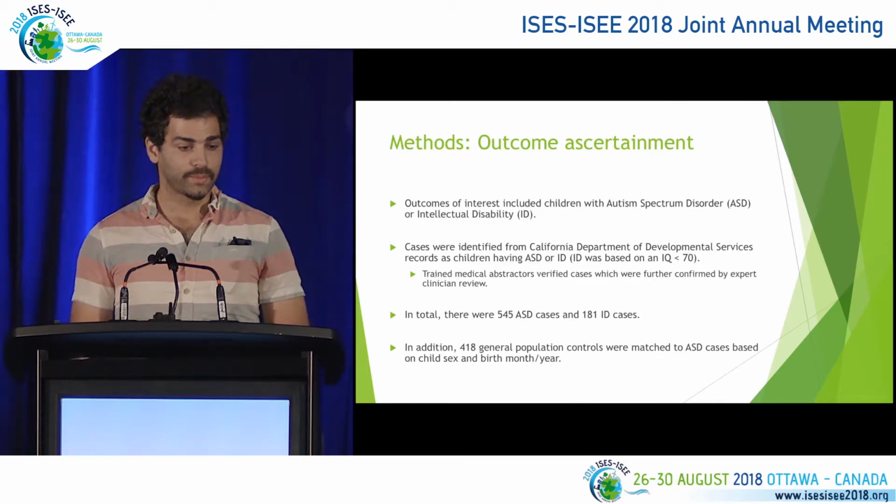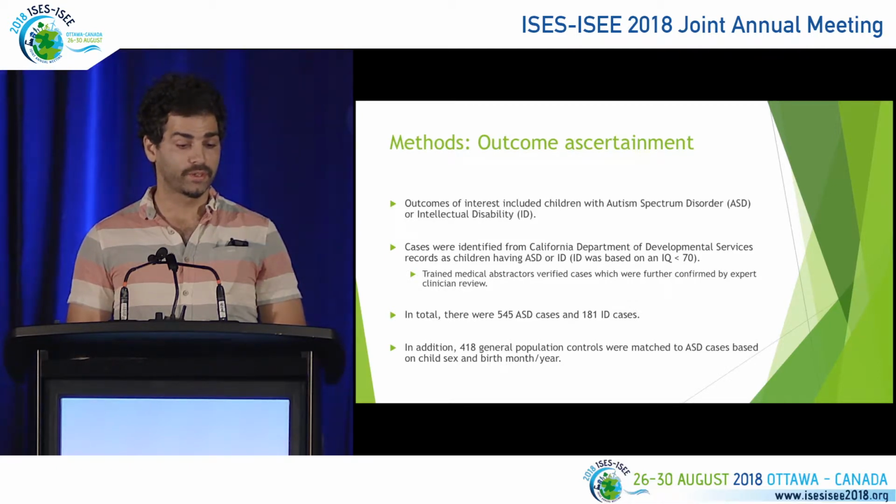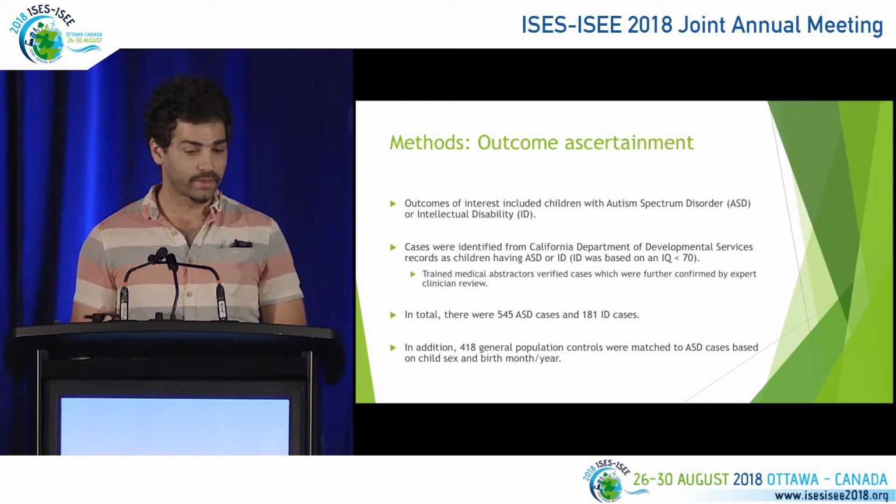They were later followed up, and children were identified as having autism spectrum disorder or intellectual disability based on California Department of Developmental Services records. And for ID specifically, an IQ of less than 70 was the cut point. ASD cases were ascertained from those records, and then they were further confirmed by expert clinician review.